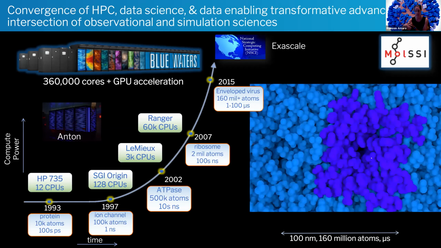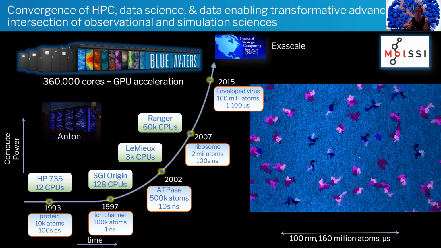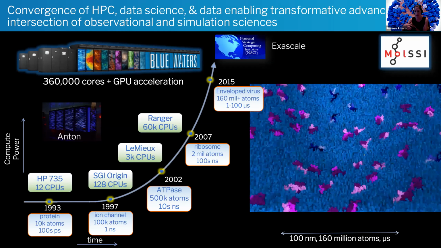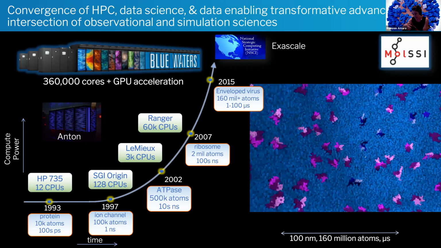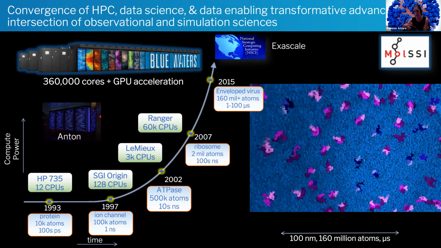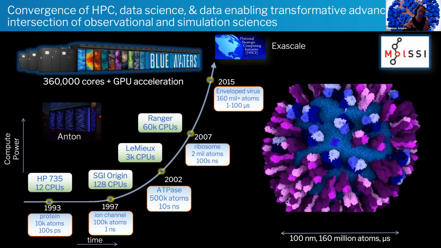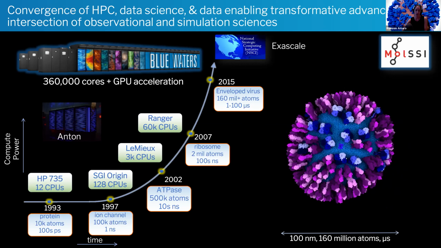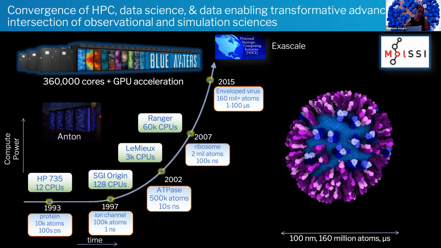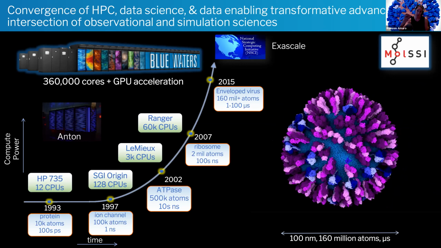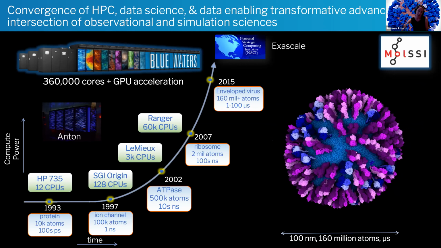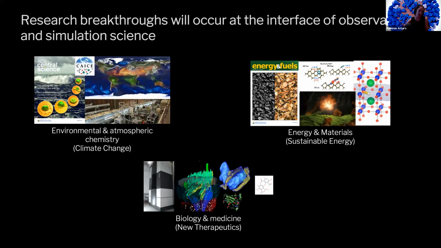For questions in biology, it's very important to get out to milliseconds, even seconds or longer, because that's where a lot of the interesting questions are. So lots of folks are trying to develop creative algorithmic and methodological ways to access these longer timescales.